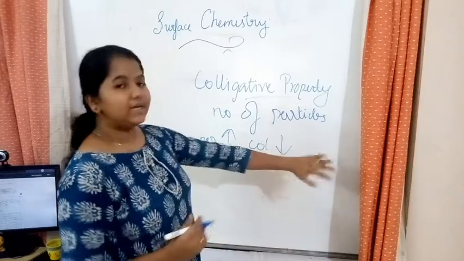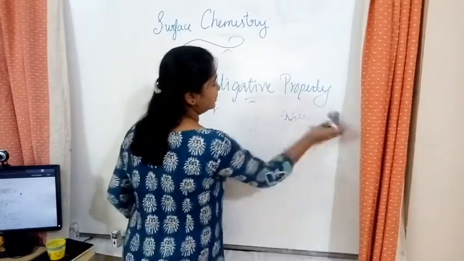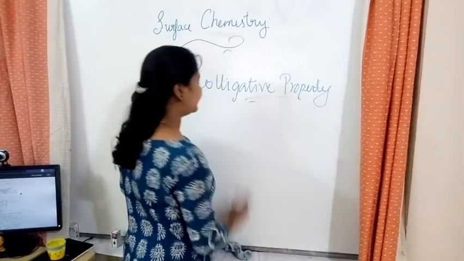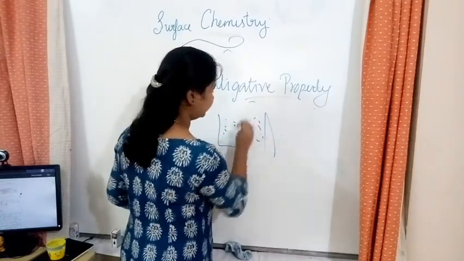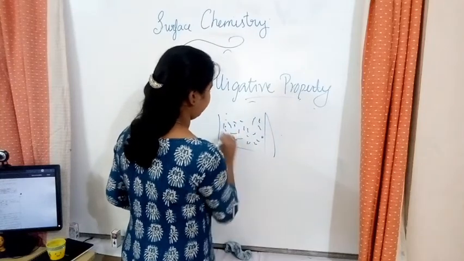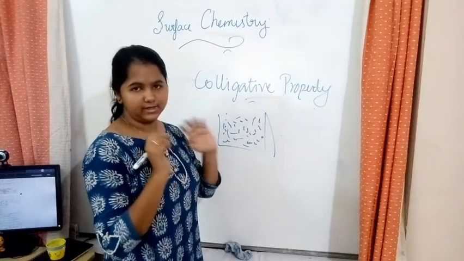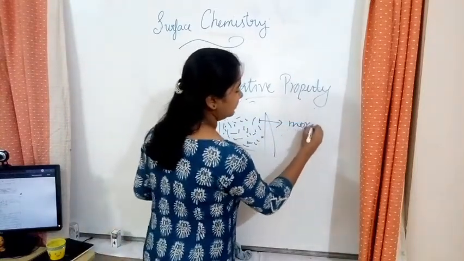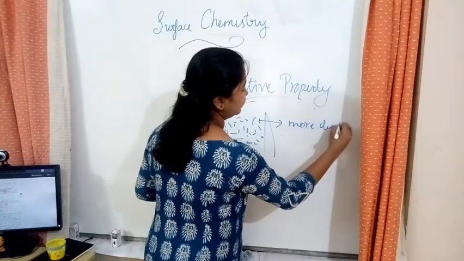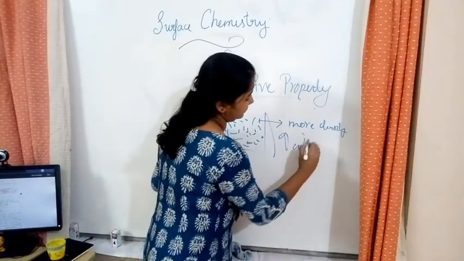For example, for a true solution, the particle size is small, so there are a lot of particles in the solution. So there is more density of particles, and it results in more colligative property.